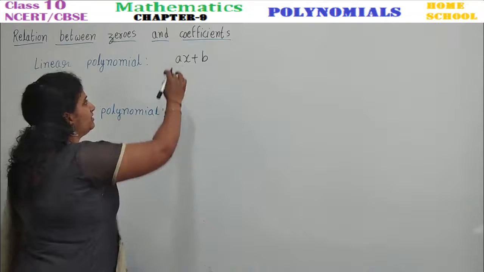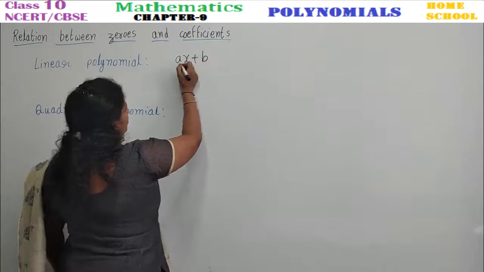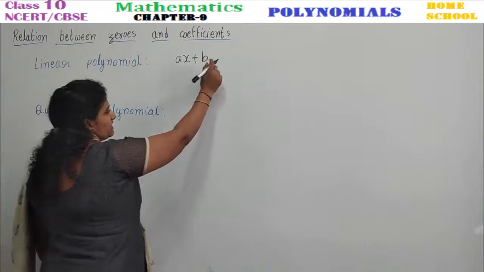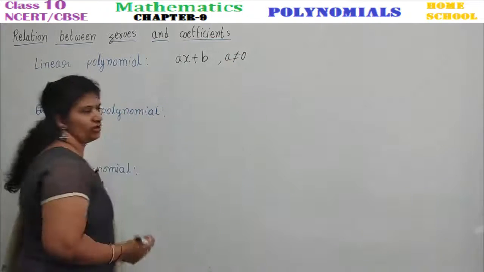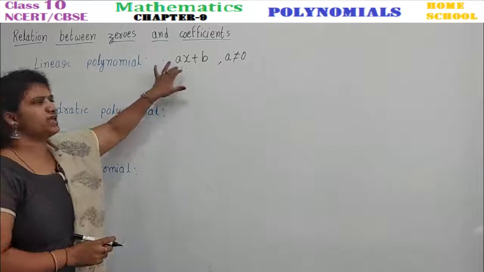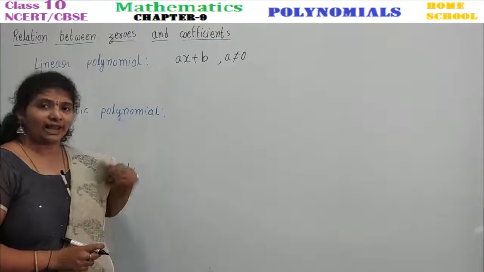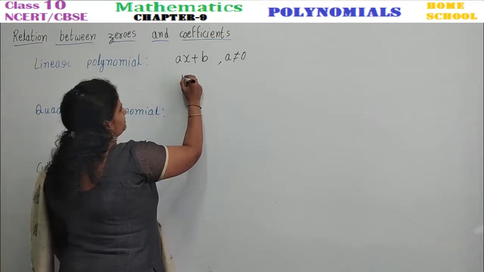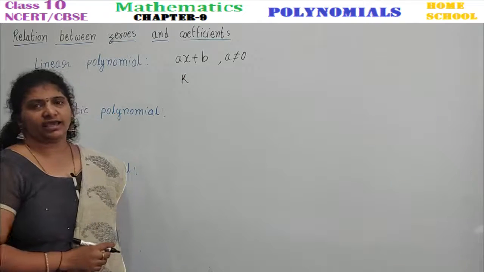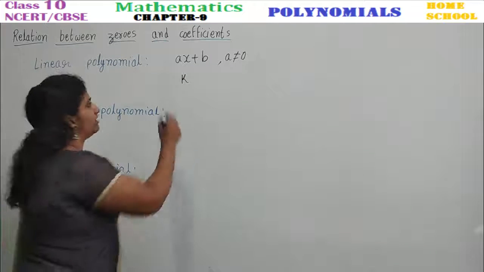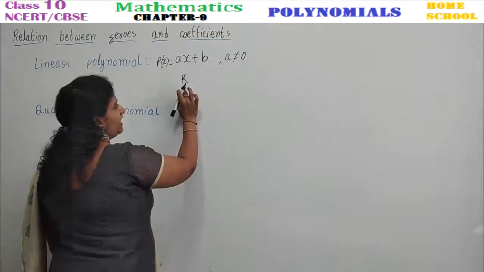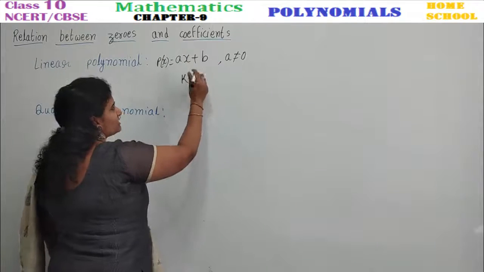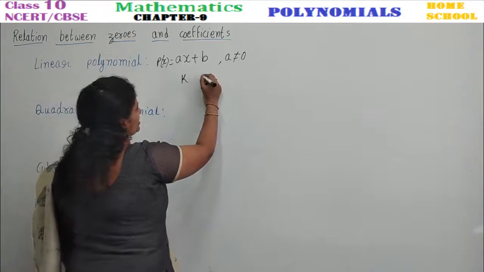Let us take here a linear polynomial, what is the standard form? Ax plus b, and a cannot be equal to 0. We know this one. What is the 0 of this polynomial? Let me assume it as k. k is a 0 of the polynomial. If p of x is equal to ax plus b, and I take k as a 0 of the polynomial, what happens, children?